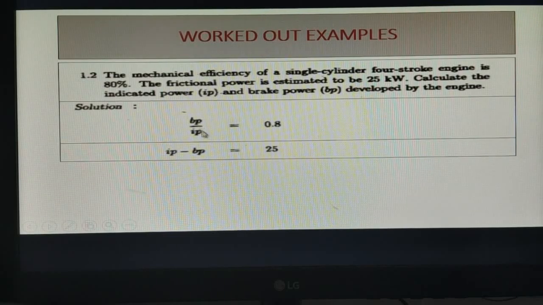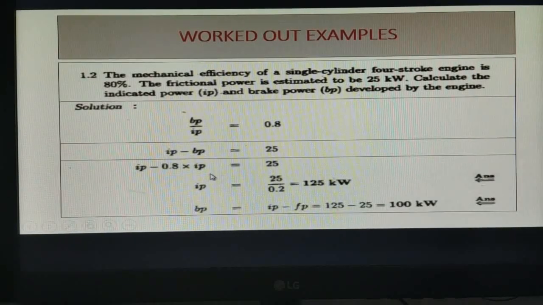Brake power is equal to 0.8 indicated power, and substituting in this equation we get indicated power minus 0.8 into indicated power equals 25. Solving this numerical, we get indicated power as 125 kilowatt and brake power as 100 kilowatt. So this is a simple numerical. Once you know the equation, you can easily find the brake power.